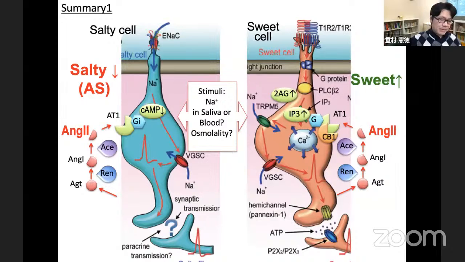I would like to summarize the second part. Our results suggest that the taste organ has a taste-specific RAS, which can produce angiotensin 2 and receive it via AT1 within the taste bud in an autocrine or paracrine manner and modulate both salty and sweet taste sensitivity.